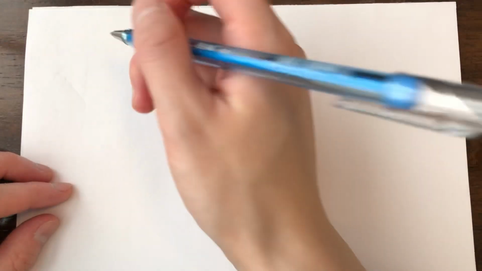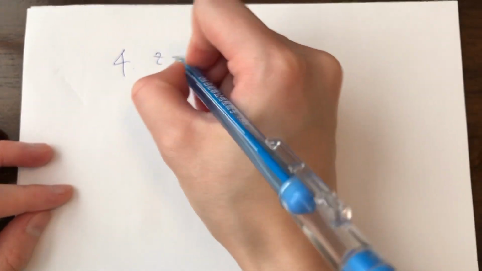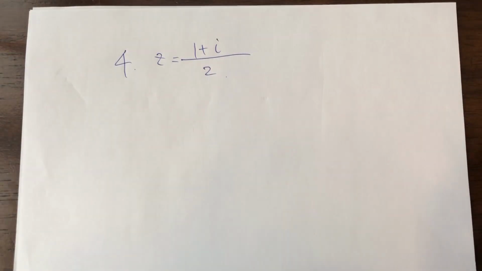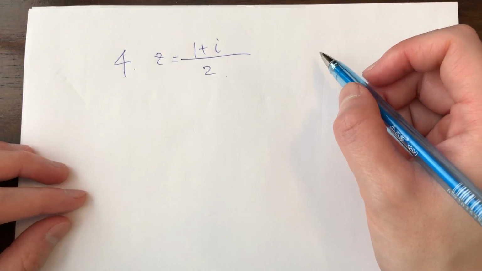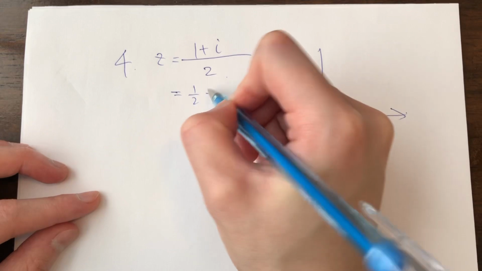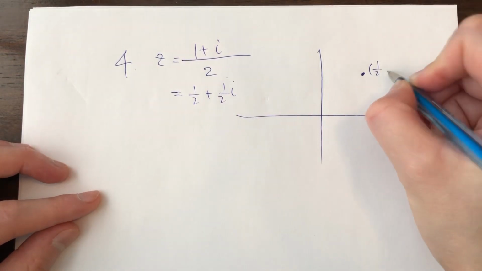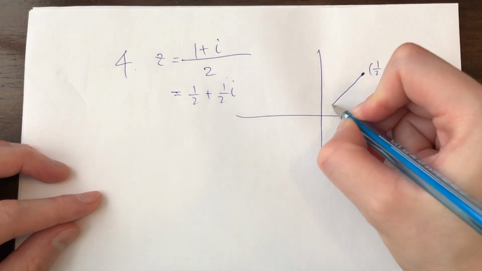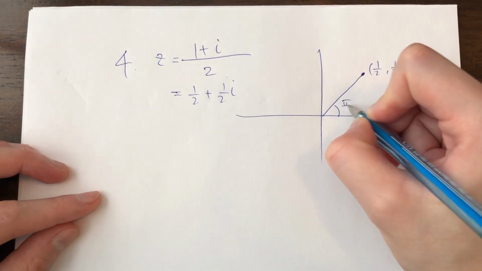Maybe let's do one more. z equals 1 plus i over 2. Again, I find it easier to just draw the picture, so that's the point 1/2, 1/2. It's in the first quadrant. When the x and y coordinates are equal, it splits this 90 degrees, so that's pi over 4.